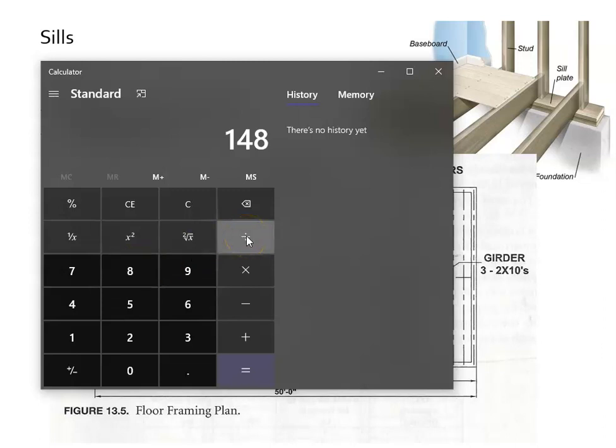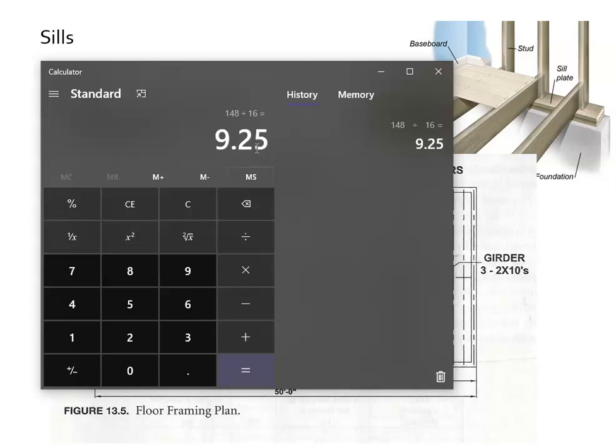It's typically most economical to buy the largest pieces. So we could divide this by 16-foot pieces, and we would need 9 1/4 pieces. That tells us that 3/4 of a 16-foot piece is wasted, and that might be acceptable.